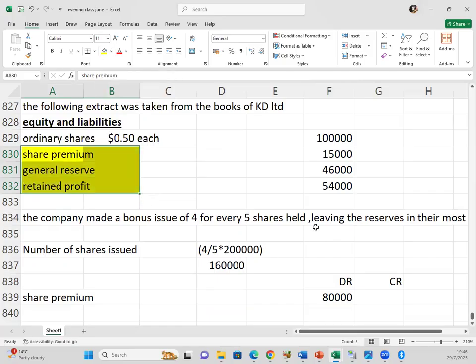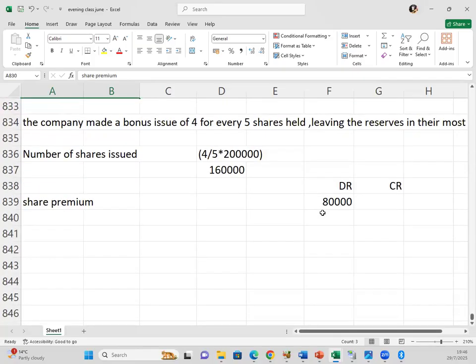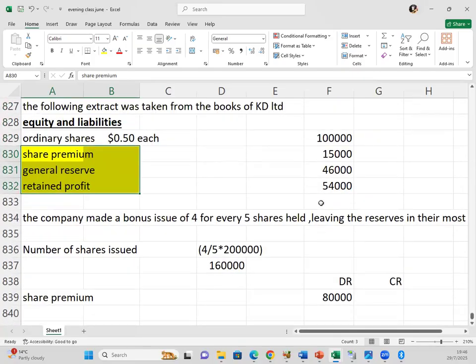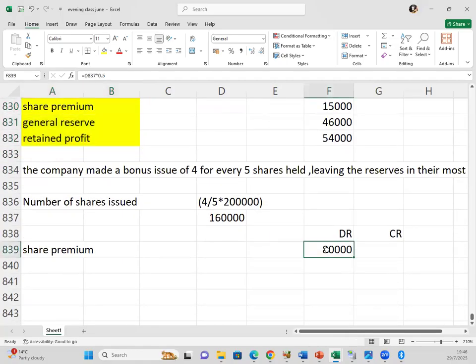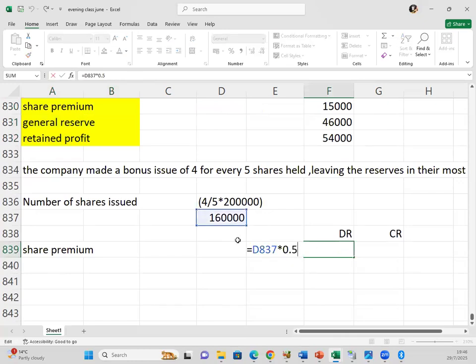So you can't debit 80,000. Debiting a reserve is removing from a reserve. You can't remove 80 from 15. So the maximum you can remove from share premium is 15,000. In total, you have to remove 80, but the maximum you can take from share premium is what is in the share premium account.